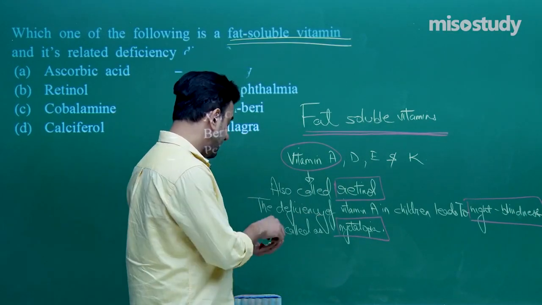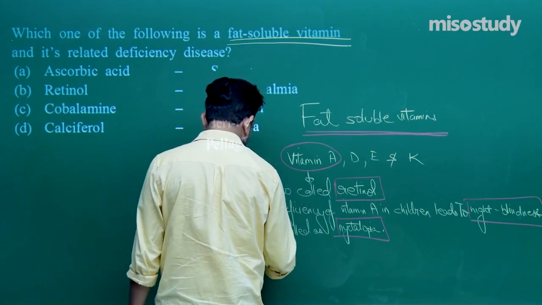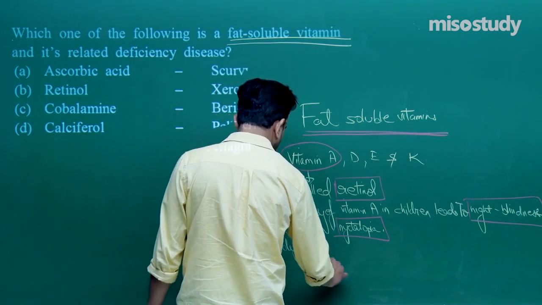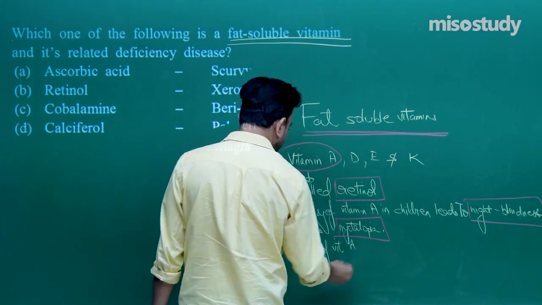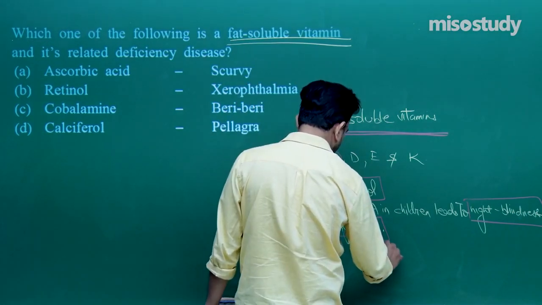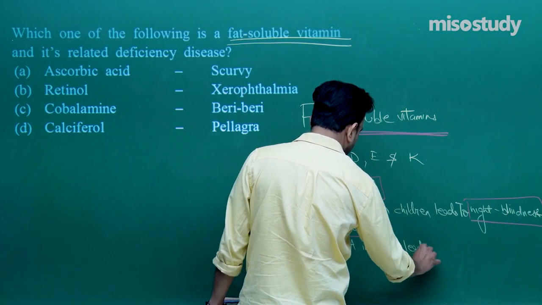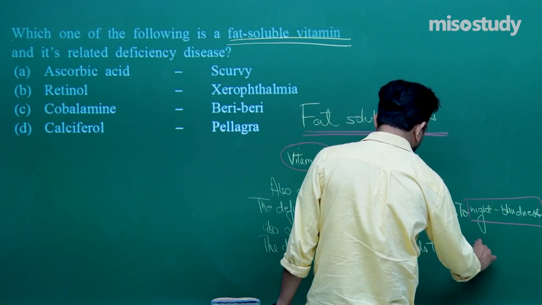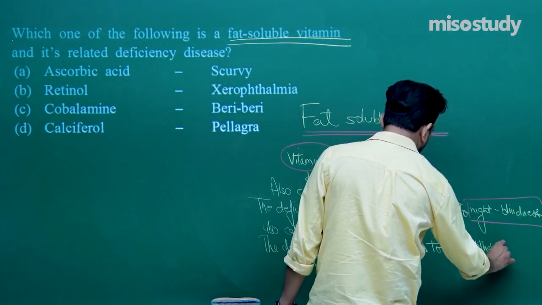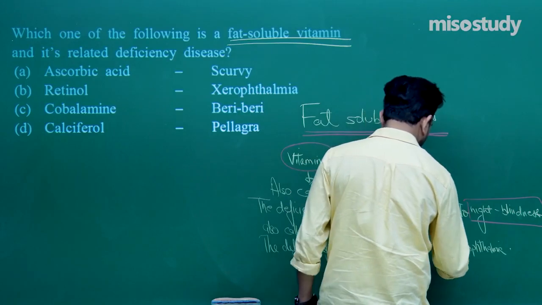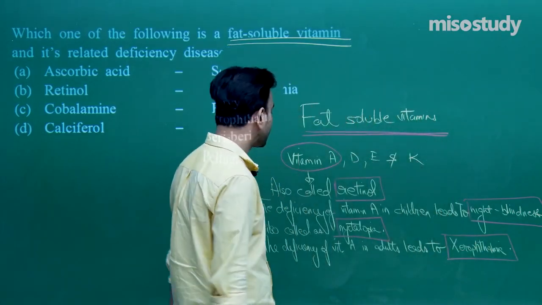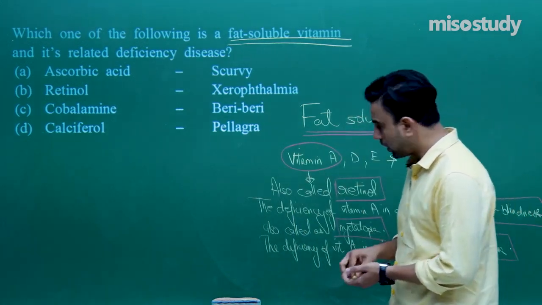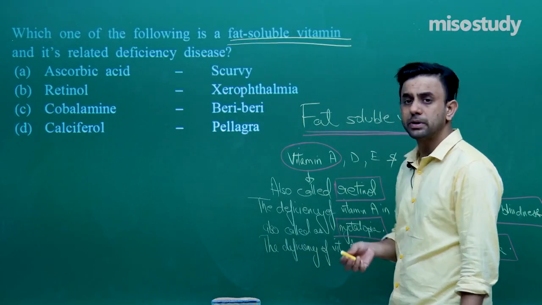However, the deficiency of vitamin A in adults leads to xerophthalmia. When we are talking about vitamin A deficiency, there are many symptoms, for example, the Bitot spot.